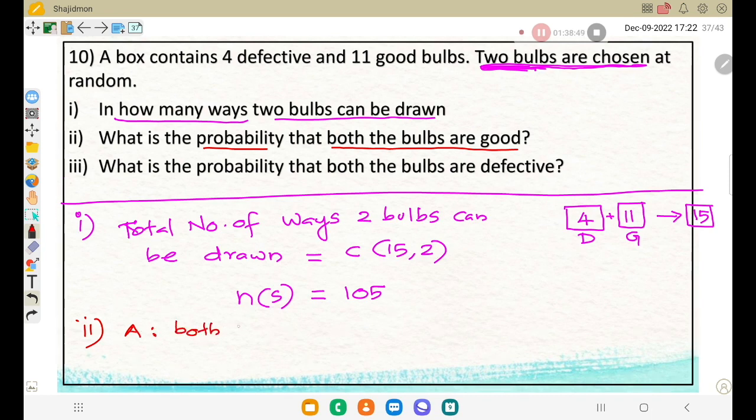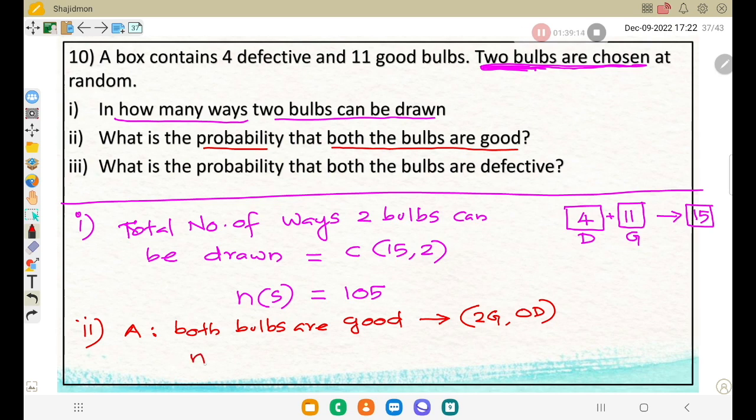Both bulbs are good, correct? So both bulbs are good means what is the possibility here? 2 bulbs only we are choosing, 2 are good, correct? 0 defective. That means no defective is selected. 2 good and 0 defective.